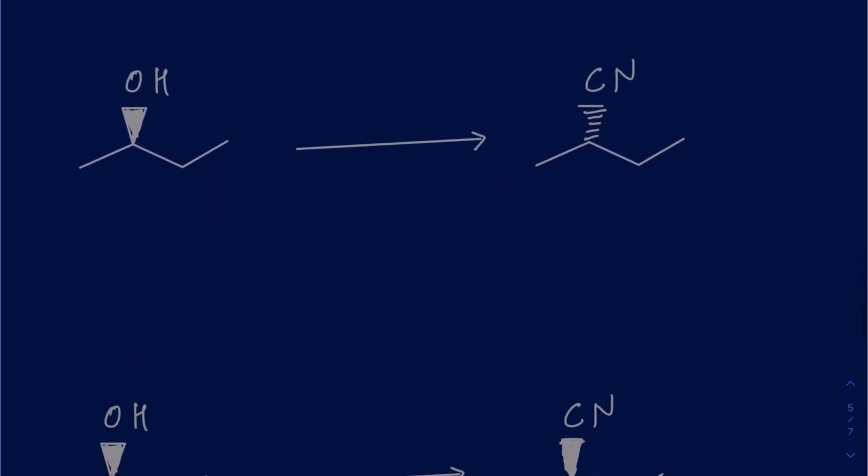What about something like this? How would I really accomplish this particular one where the secondary alcohol is being converted into a nitrile group there? So there is an inversion in the stereochemistry. What I can do is, in the first step, use TsCl with pyridine. And in the second step, I can use NaCN.